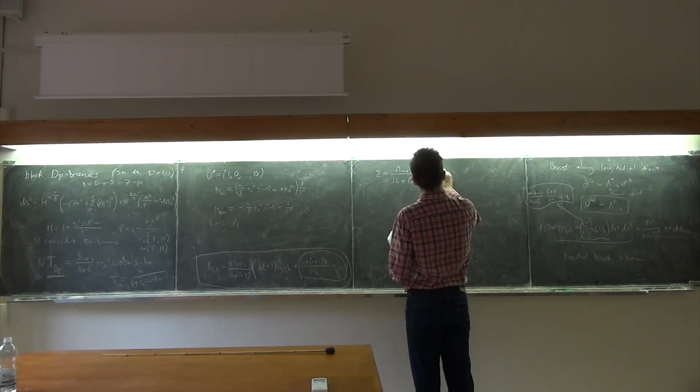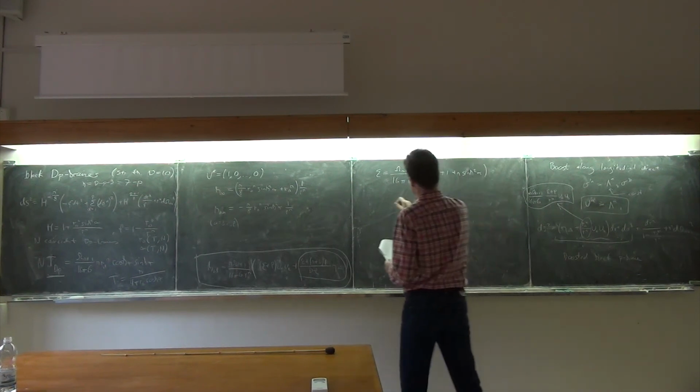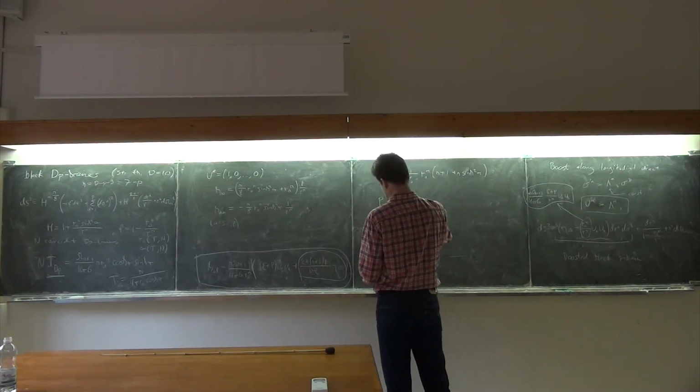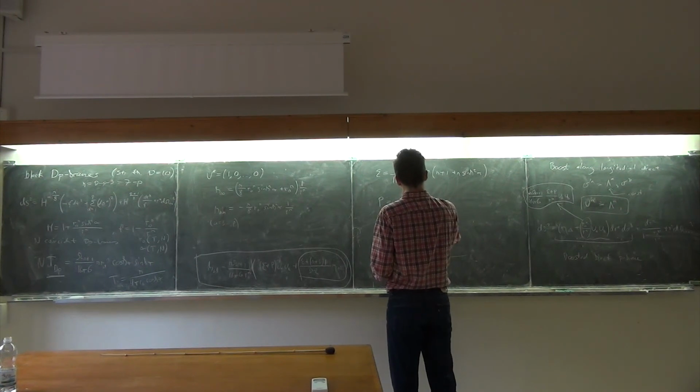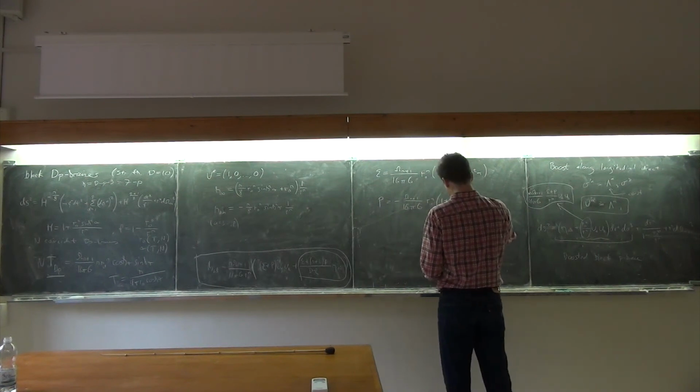So let me write this. So this is the energy density and pressure in the perfect fluid analogy of the black Dp brane.